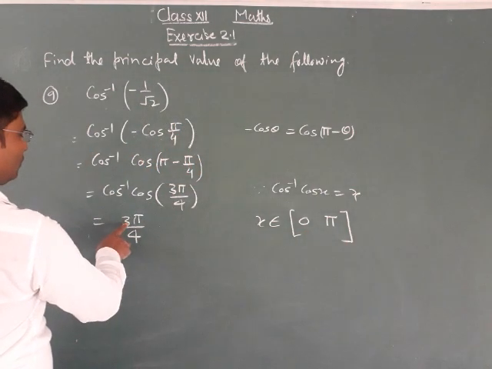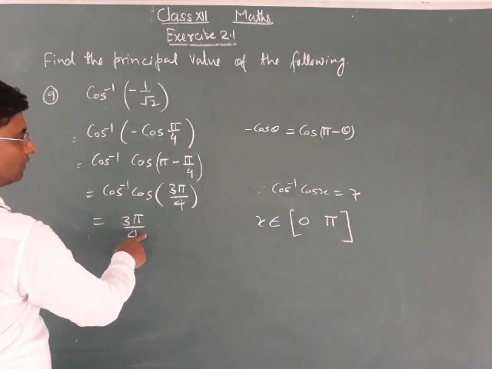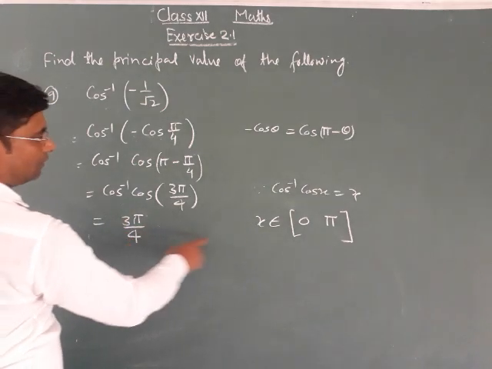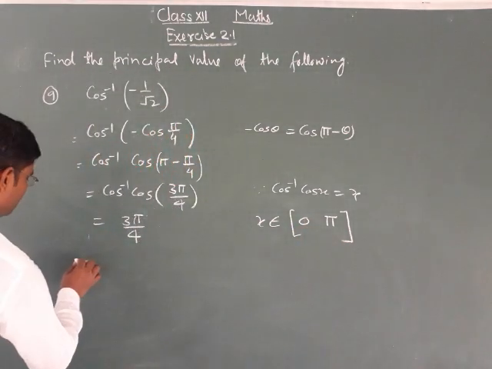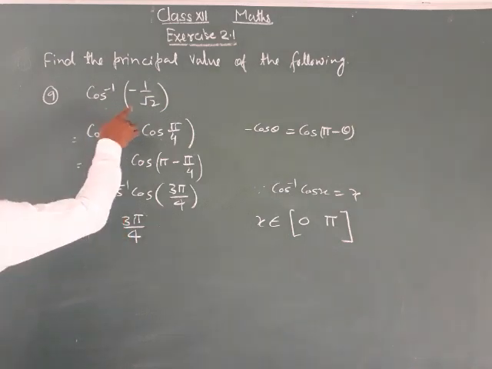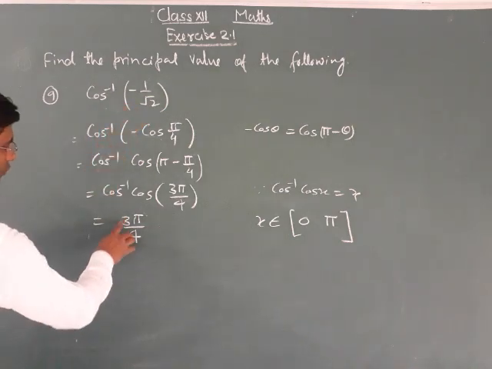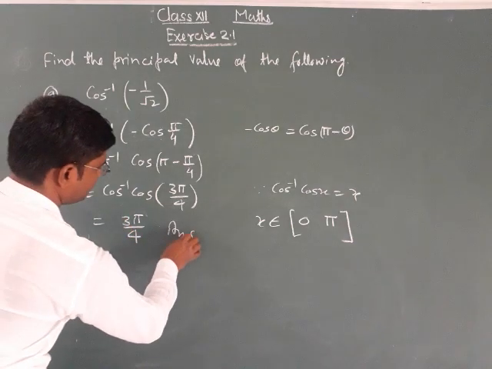So 3 into 180 upon 4 is 135. 135 lies between them. So this is the principal value of cos inverse minus 1 by root 2, 3 pi upon 4. This is the answer.